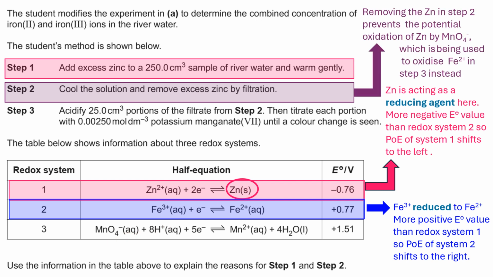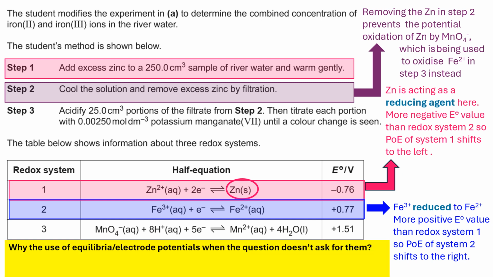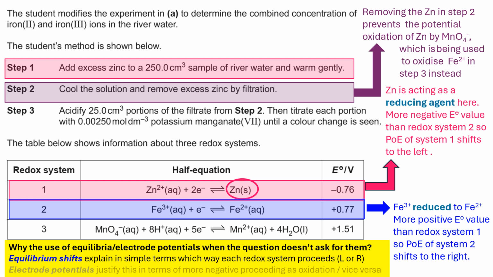So removing the zinc in step 2 prevents its potential oxidation by the manganate, which is being used to oxidize Fe2+ in step 3 instead. So coming back to using equilibria and electrode potentials in your wording: equilibrium shifts explain in simple terms which way each redox system proceeds, to the left or to the right, and electrode potentials justify this in terms of more negative proceeding as oxidation or vice versa.